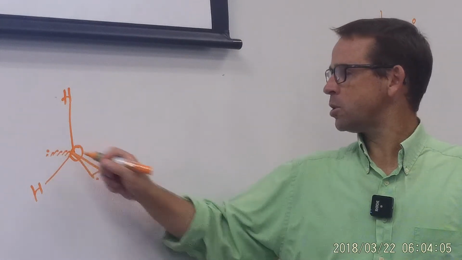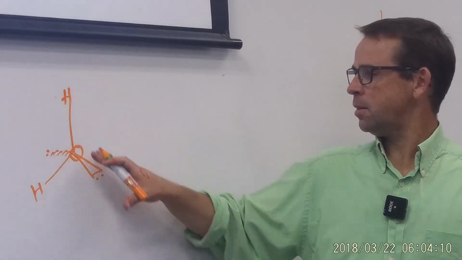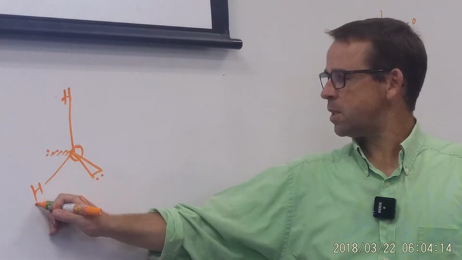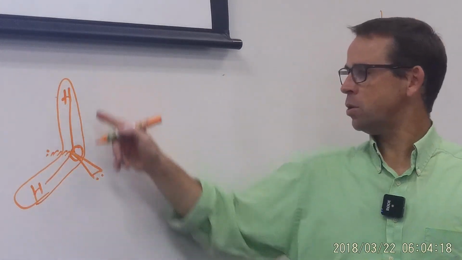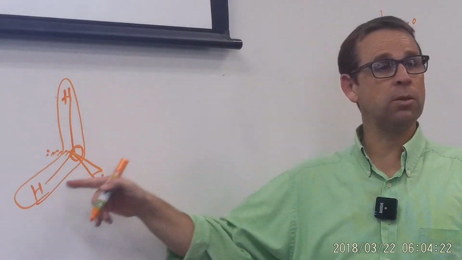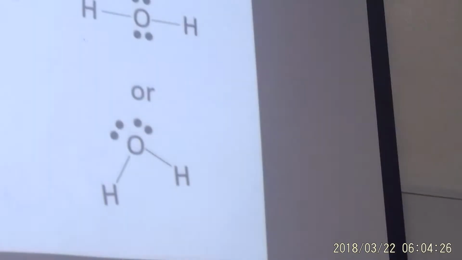The regions of electron density assume the shape of a tetrahedron, but the molecule itself is just this portion, and so to describe the shape of the molecule, it's different than the regions of electron density if some of the regions are lone pairs.